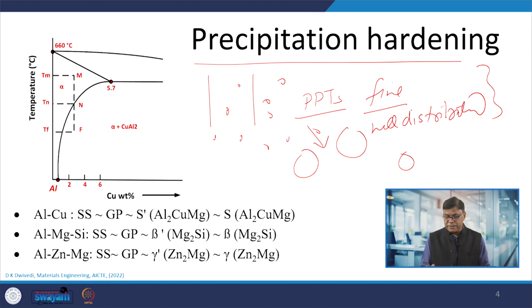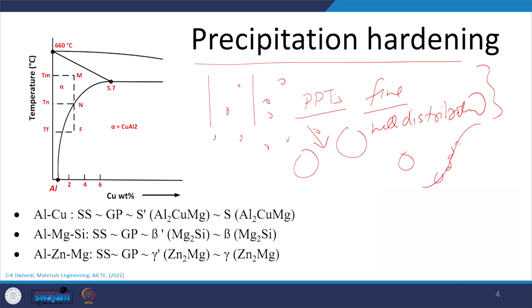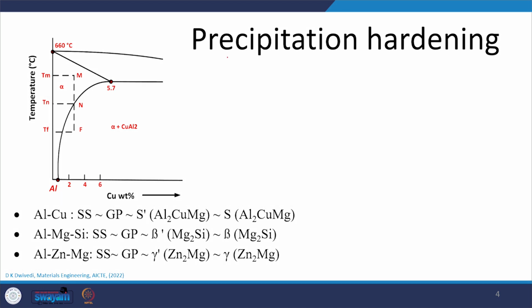Another possibility is that these precipitates are localized only at the grain boundary. Then these segregated precipitates will also not cause much increase in yield strength. So, well distributed and fine precipitates actually help in improving the yield strength and hardness significantly.